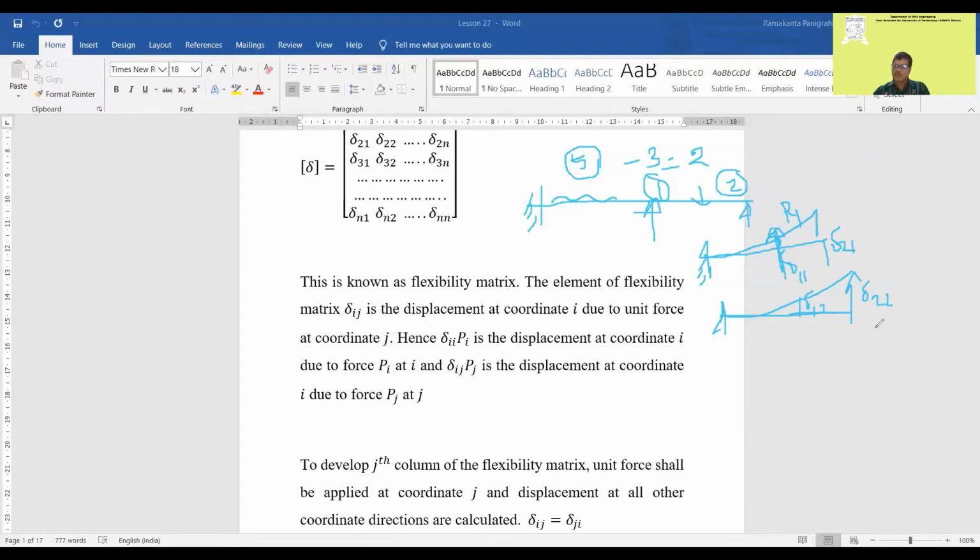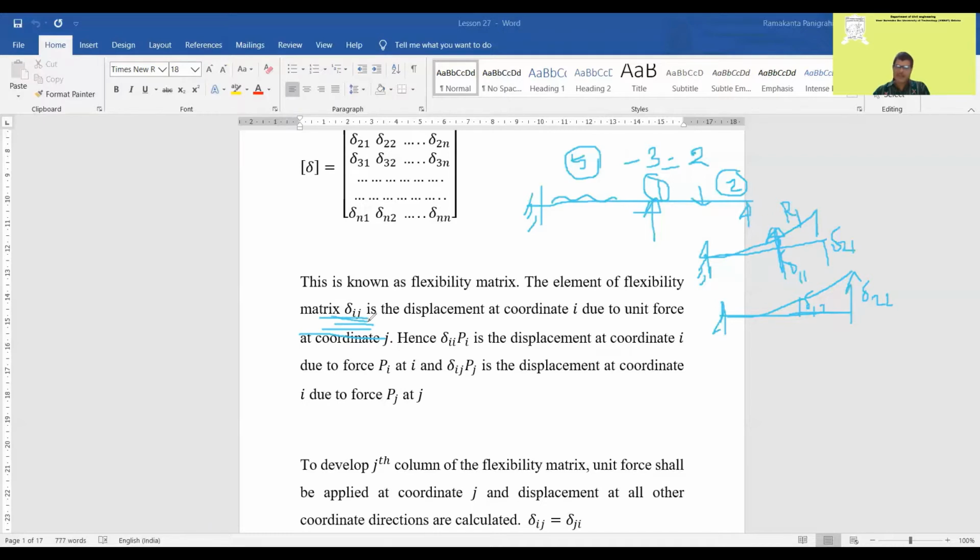In the case of the flexibility matrix, you choose the redundant forces first. It may be a moment, a horizontal reaction, or a vertical reaction, but you should choose properly so that you can find the deflections easily. That should be your purpose. So what is the meaning of delta Ij?